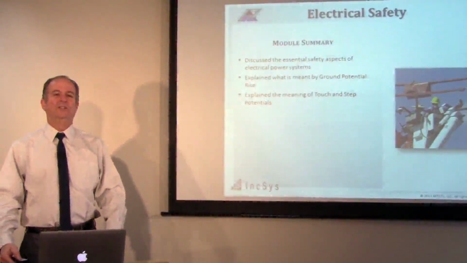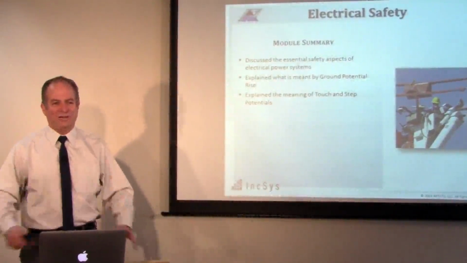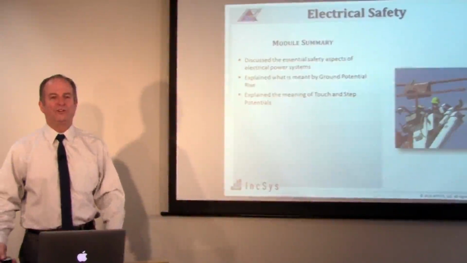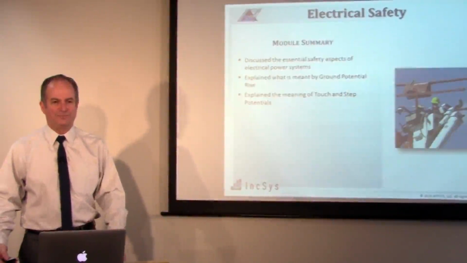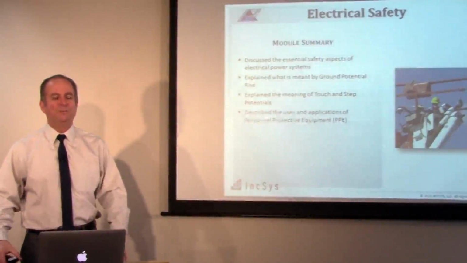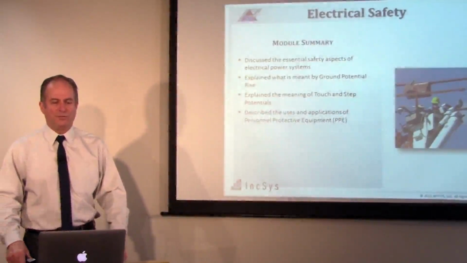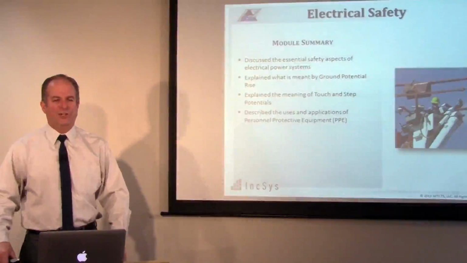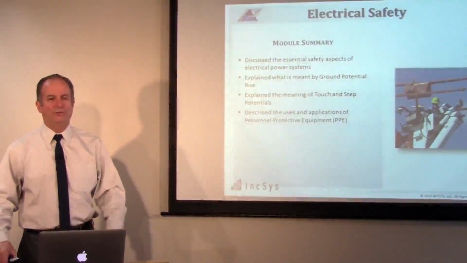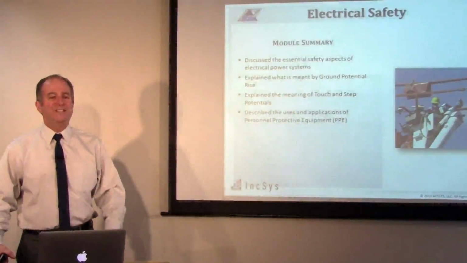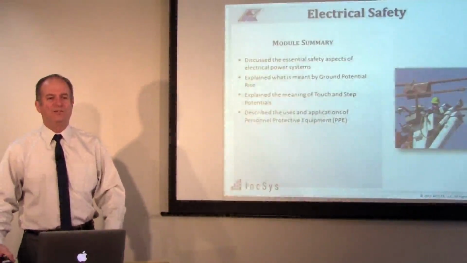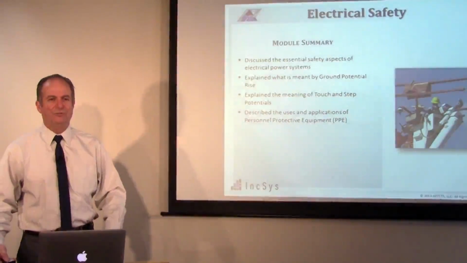That was under a fault condition where energy is being dissipated. Those are where touch and step potentials occur. We talked about personal protective equipment, the rubber insulating goods used to protect someone from touch and step potentials.